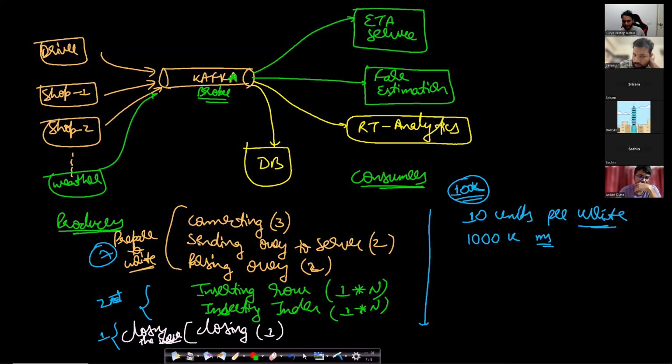And if you make all these 100K writes at once, then you will have a total of 7 units of time here, 1 unit of time here, plus 2 times 100,000. You can neglect the very small part, and that will be around 200K ms. You see, there is a huge difference.